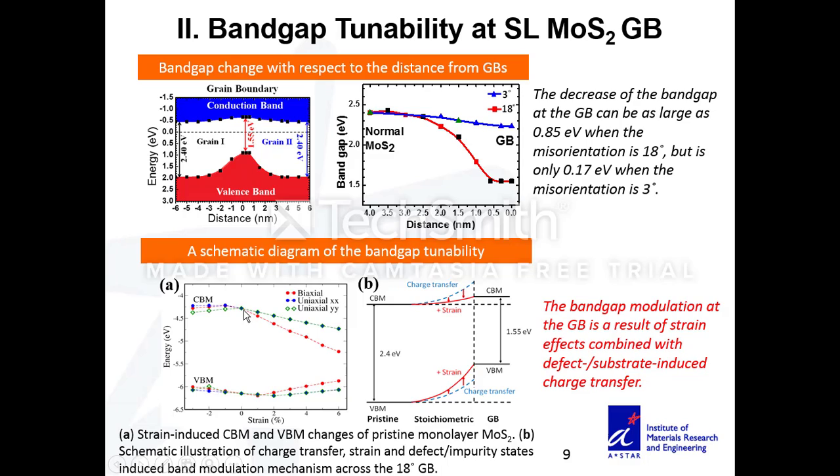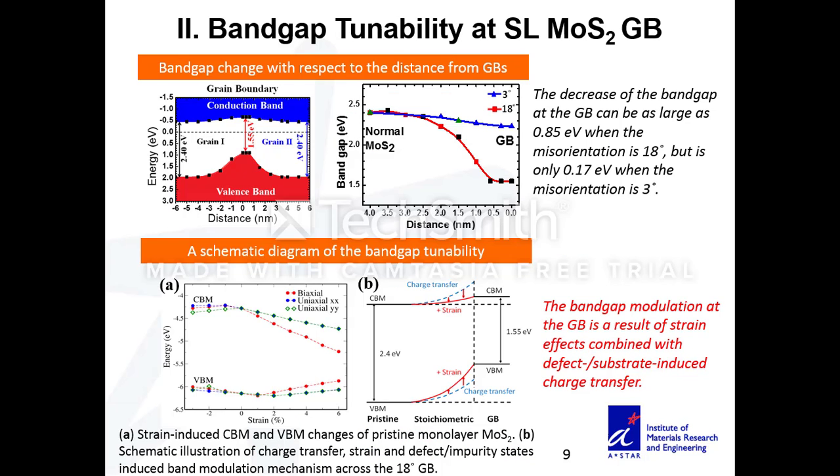And from both sides the bandgap decreases. And here the conduction band shifts downward and the valence band shifts upward. But from our experimental data, we see that both the conduction band and valence band shift upward. So some charge transfer from the defect or from the substrate could take part in this bandgap change.